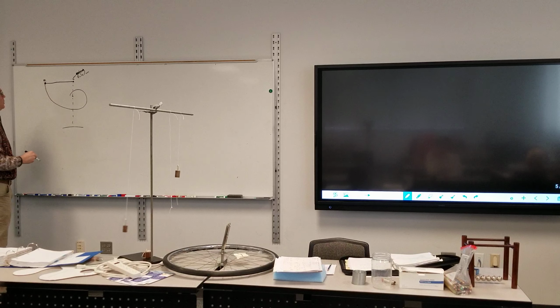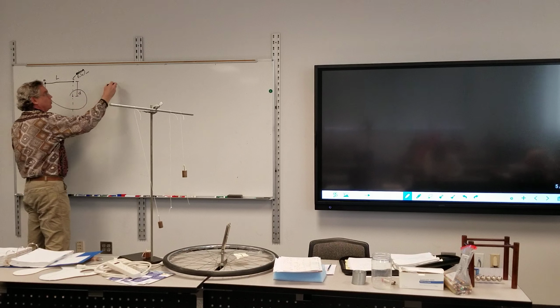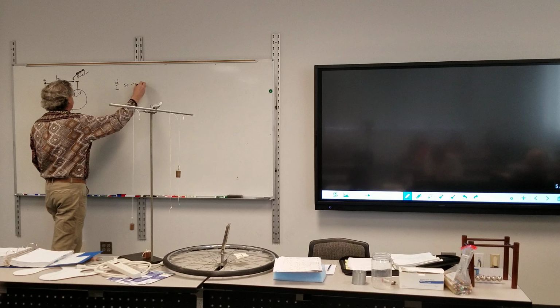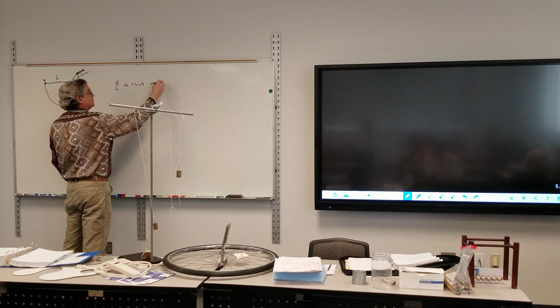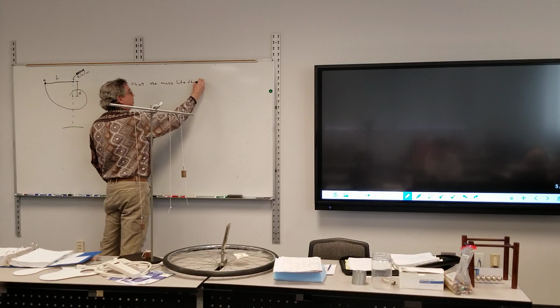And what I want to know is, if this distance is length L and this is length D, what is the ratio of D to L so that the mass hits the lower bar?